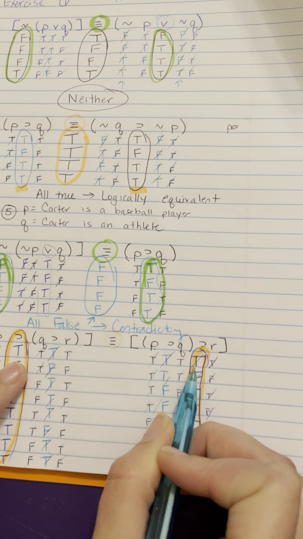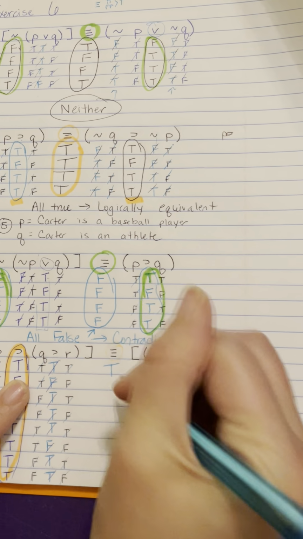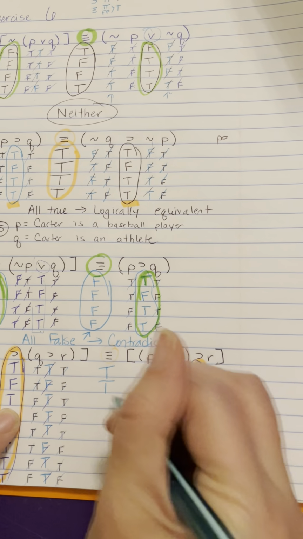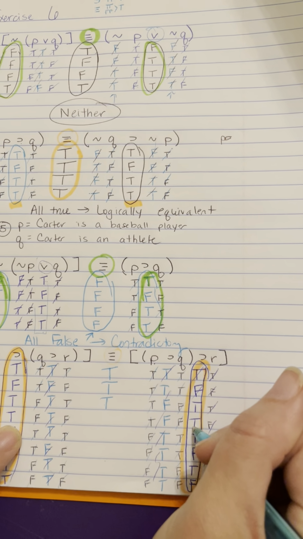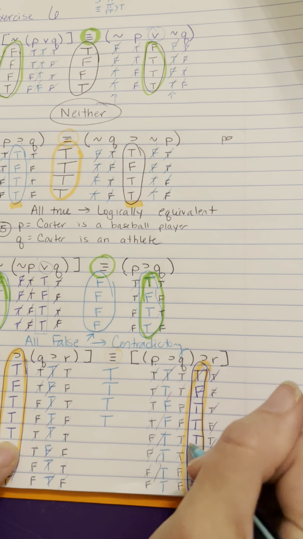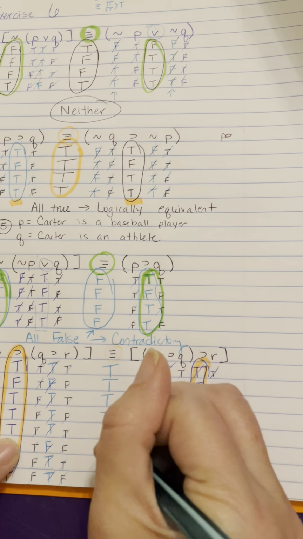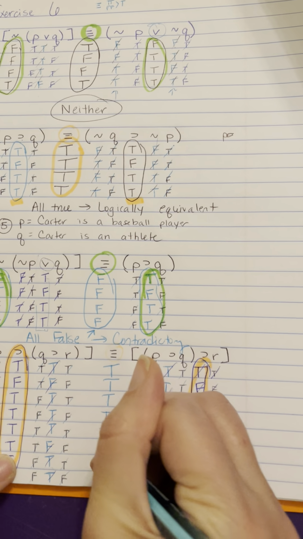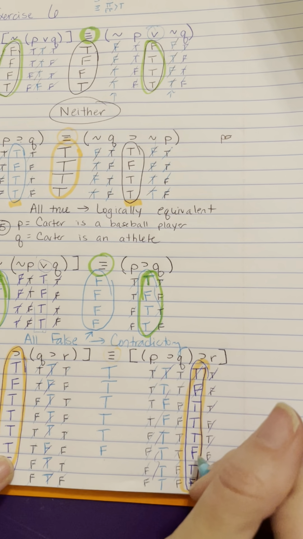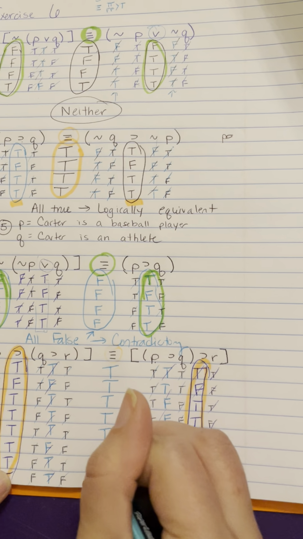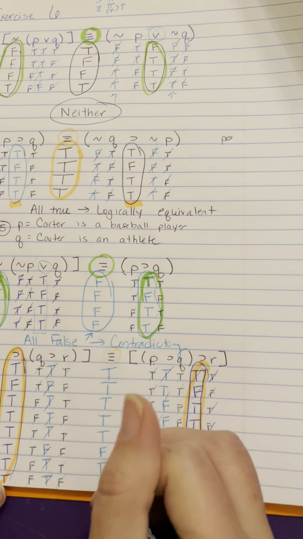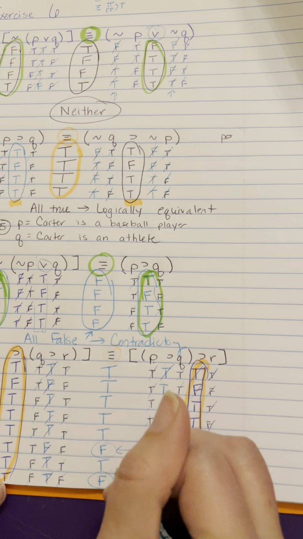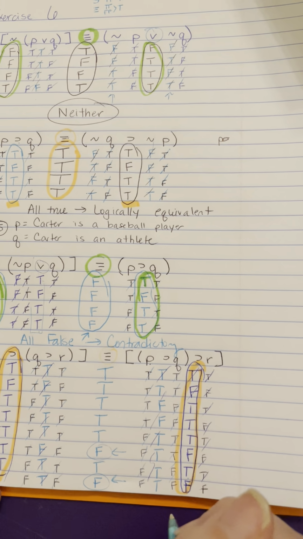So to start with, we have 2 trues, so that's going to be true. 2 falses, that's going to be true. 2 trues, true again. 2 trues, true again. 2 trues, true again. True, false. Oh man, we were doing so good. That will be false. Here, true, true. And then we have a true, false. Those do not match.